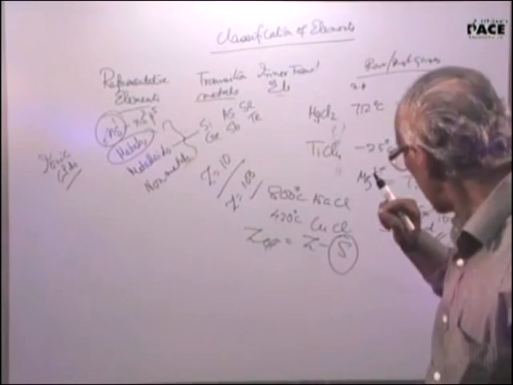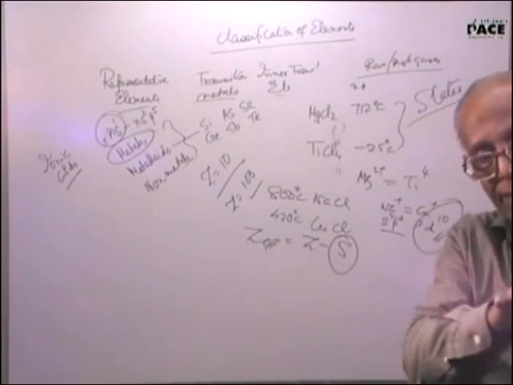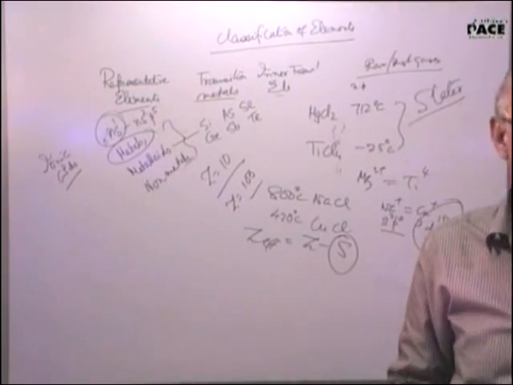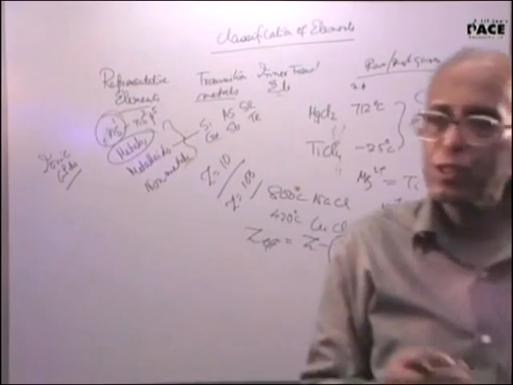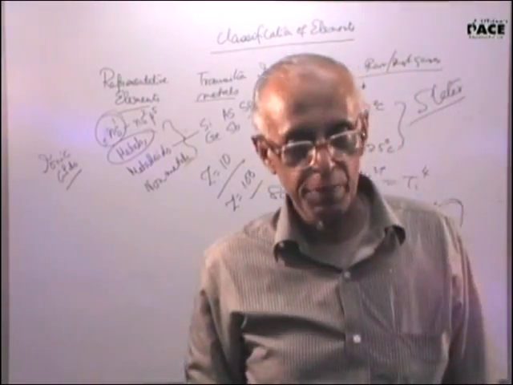Because of that increased effective nuclear charge, the electron attracting power increases and cuprous chloride becomes more covalent. But does covalency always result in lowering of melting point?